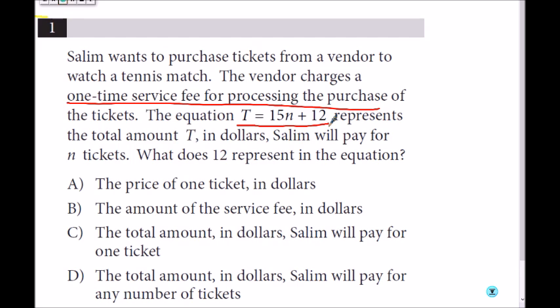What does 12 represent in the equation? So 12 must be the flat fee, the one-time service fee for processing the purchase of the ticket. The price of one ticket? No. The amount of the service fee? Yes, that's a flat fee, $12. Total amount, that's T.